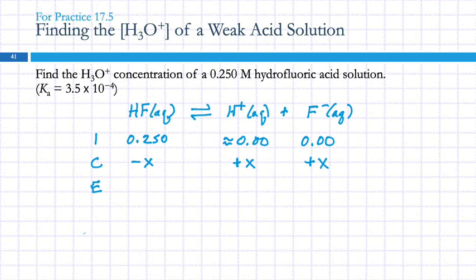If something was like 2 fluorides, then it would be 2x. But almost always when we're dealing with acids, the coefficients are 1, so that's kind of nice. Then the equilibrium concentration is the initial plus the change: 0.25 minus x, 0 plus x, and 0 plus x.